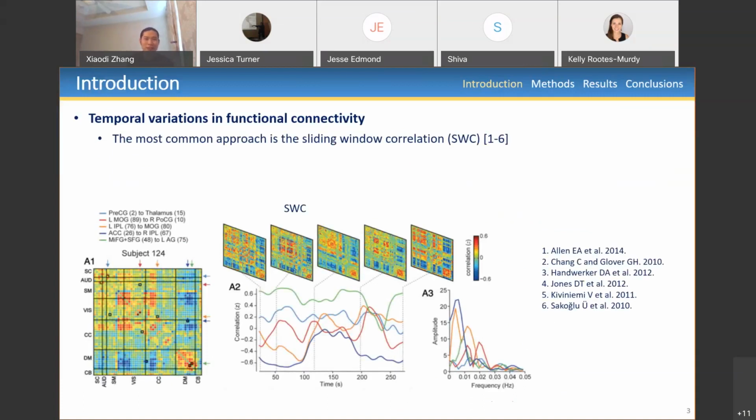You apply a sliding window, and within each window you calculate the functional connectivity. As the window slides, you end up with a different functional connectivity matrix over time, which suggests temporal variations. But sometimes it might be tricky to determine the correct window size.